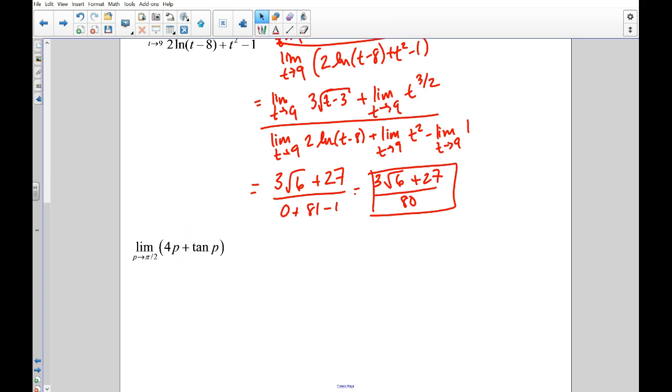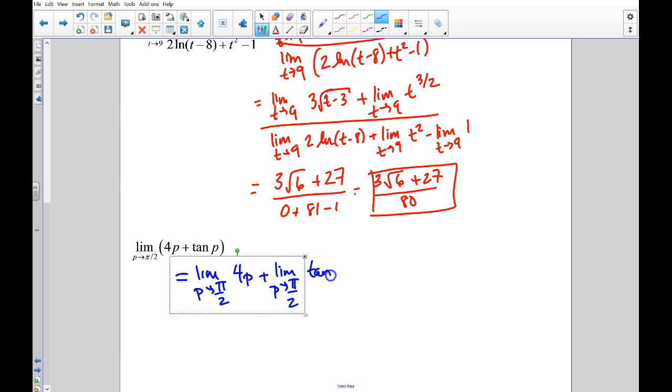The last example that I want to leave you with is the limit as p approaches pi over 2 of 4p plus tangent p. Our instinct is probably just to write this as the limit as p approaches pi over 2 of 4p plus the limit as p approaches pi over 2 of tangent of p.